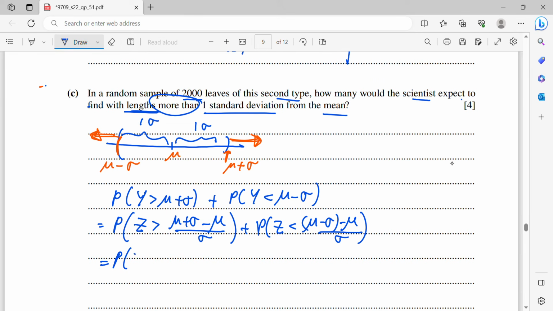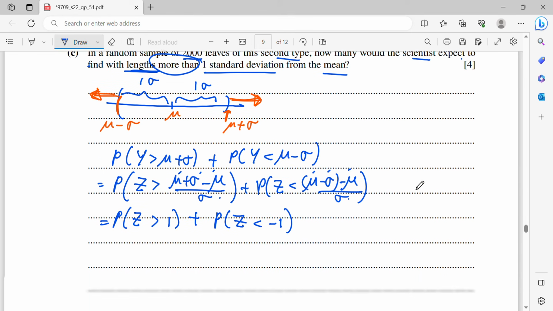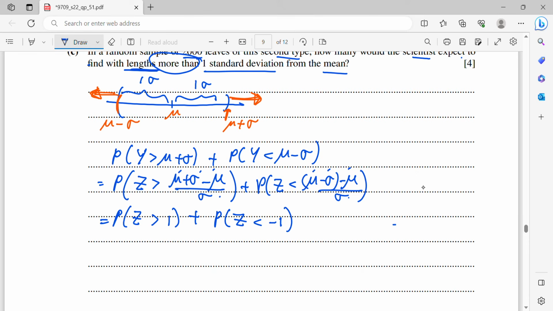So from here you will find that mu minus mu is 0, sigma over sigma is 1. Okay, then here mu minus mu is 0, minus sigma over sigma is minus 1. So basically you are counting these two probabilities. That's why we do need to replace the mu and sigma in the beginning.